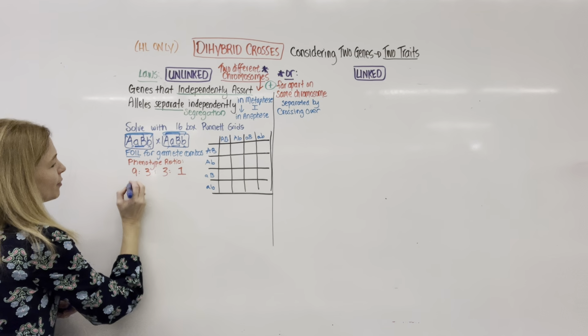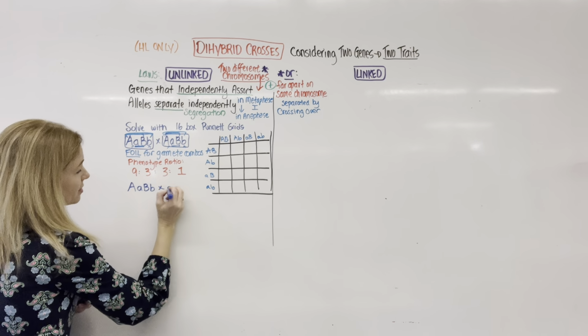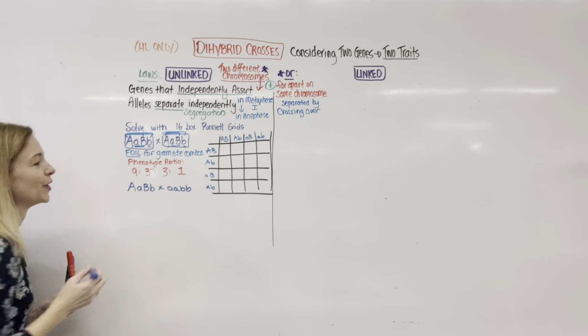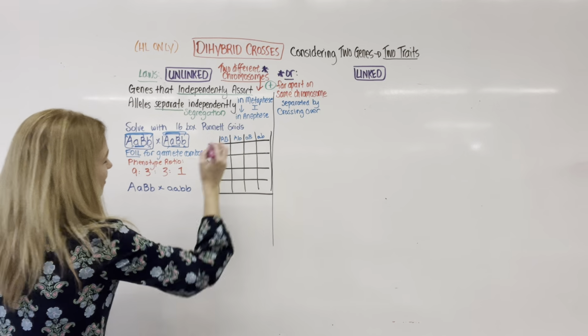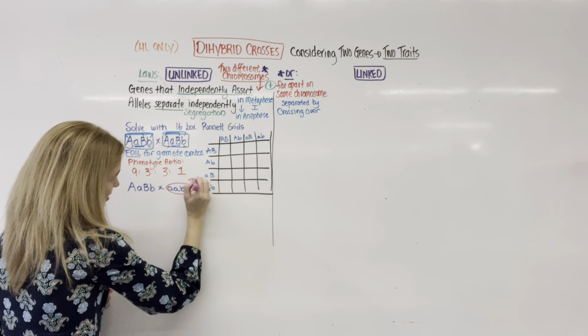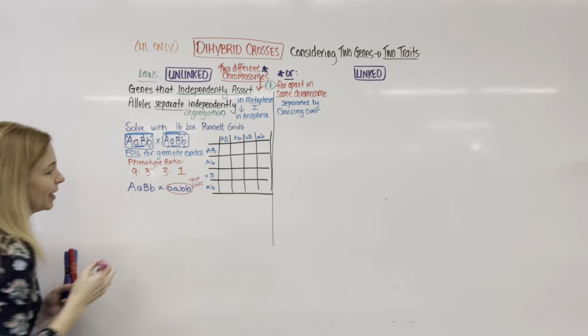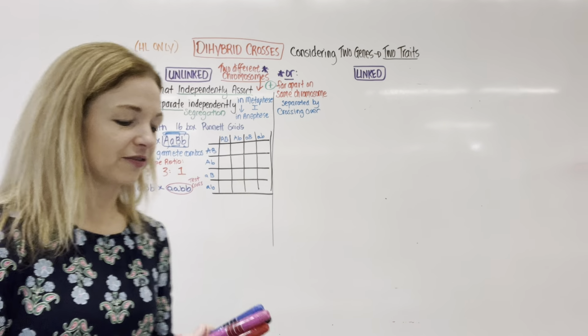The other one that I would recommend you know, the syllabus told you you should know, is this one here. This is what we would call a test cross, and they're often used to determine linkage. So we'll refer back to them in just a second. But where we use a double homozygous recessive individual.